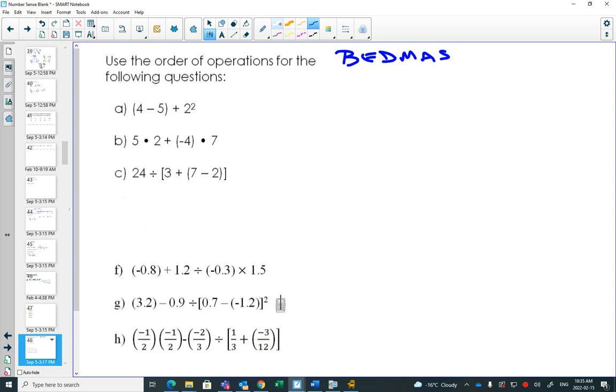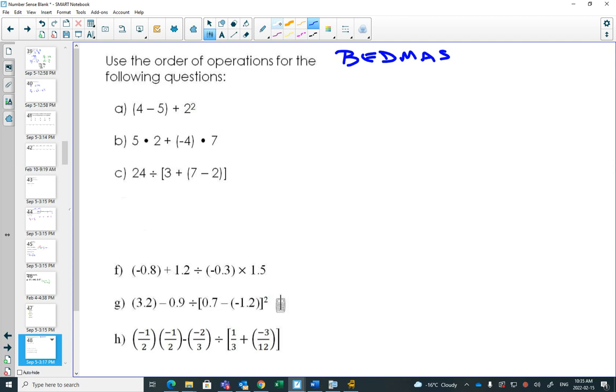You'll have it on there somewhere. Sometimes it shows up as e to the x. Anyways.